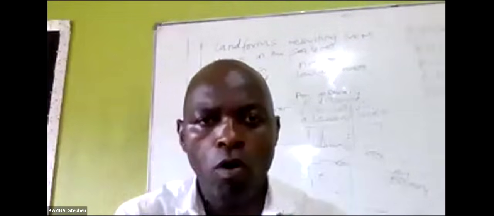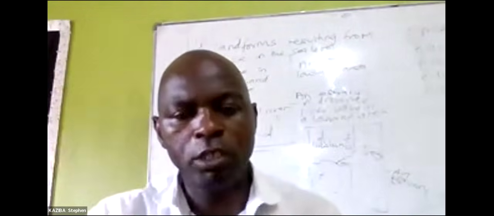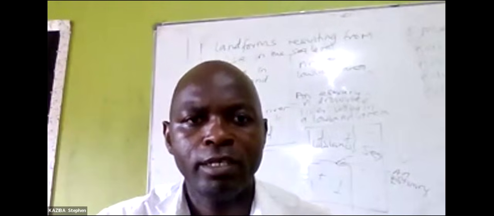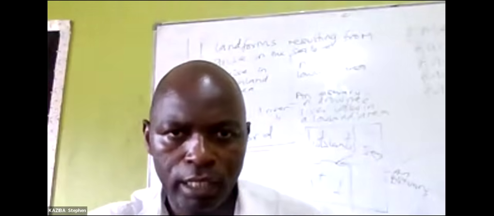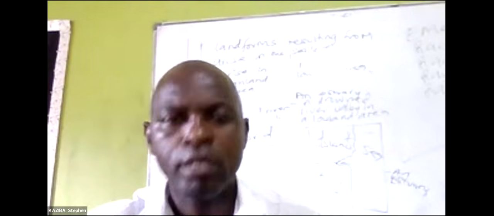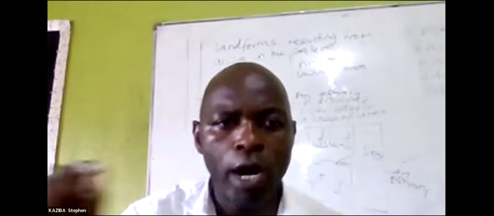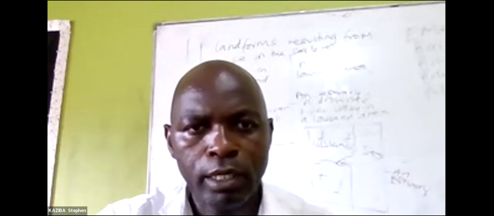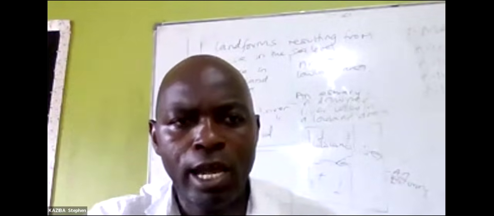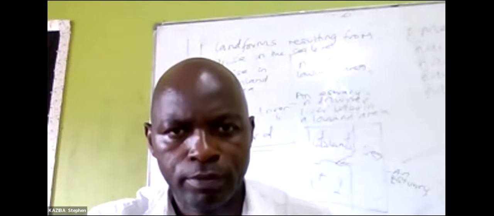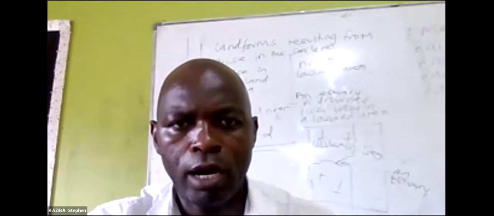Then we have A0, which is made up of decomposing organic matter. That is A0. Then the second layer is A1, which is made up of a dark layer of humus.